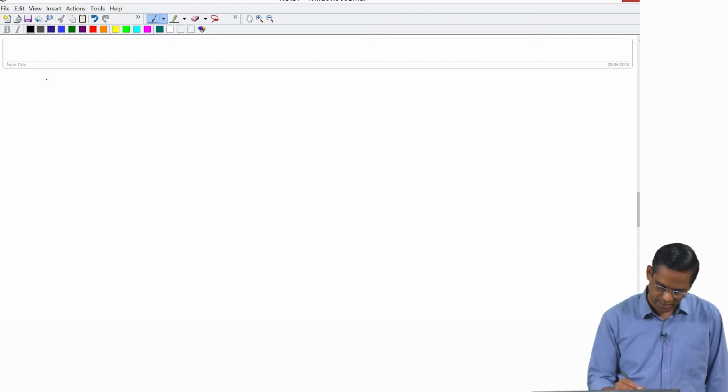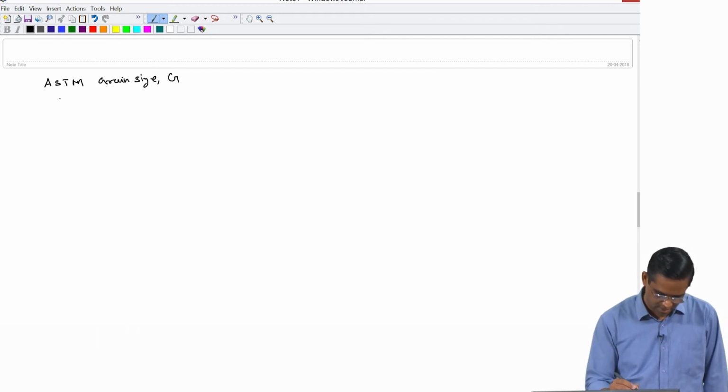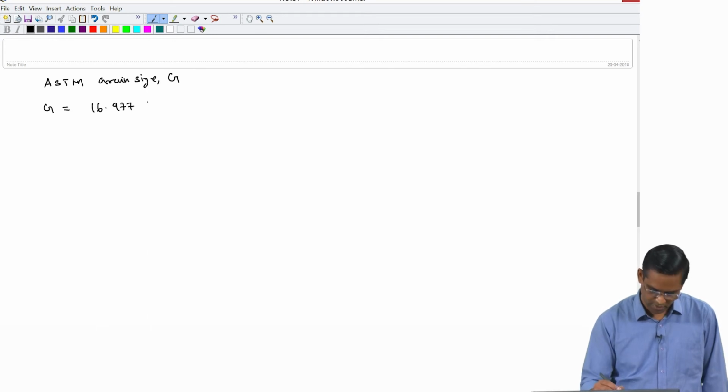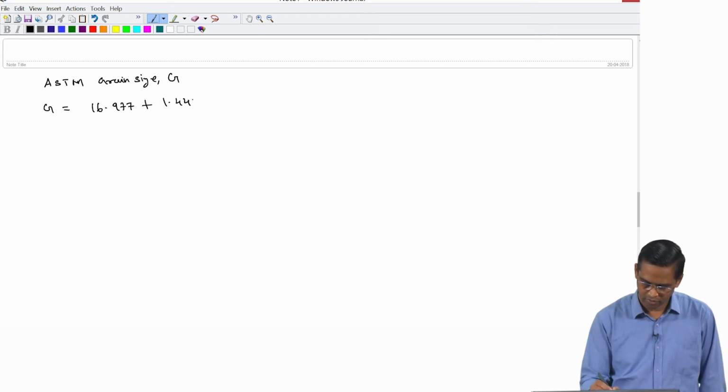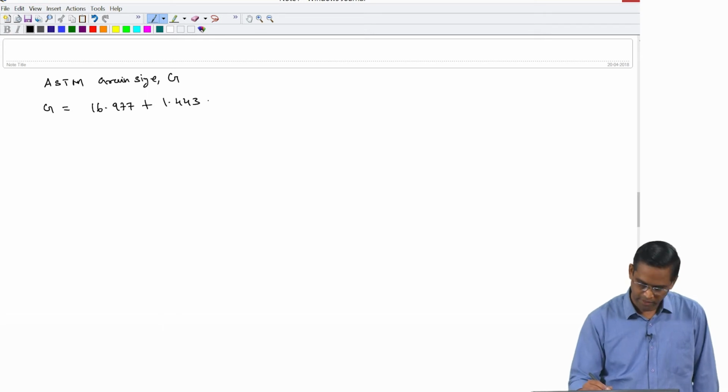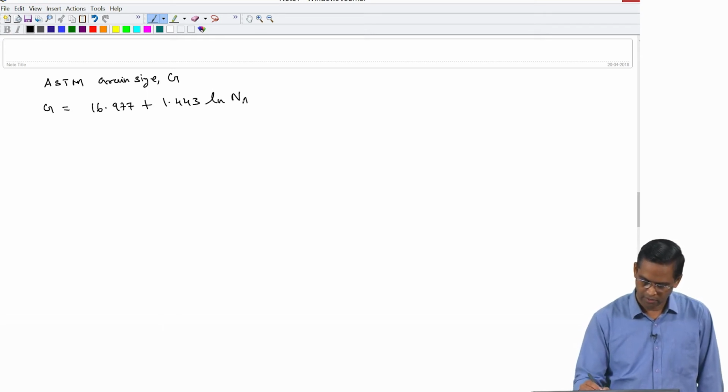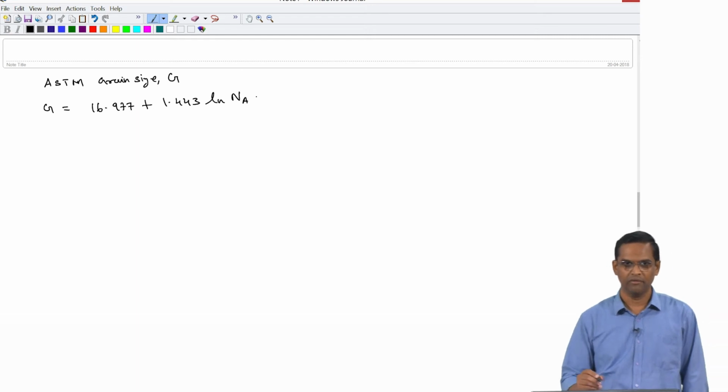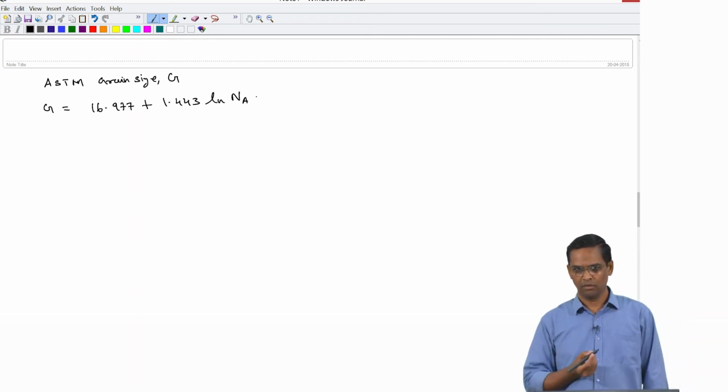As I said, that ASTM grain size number or ASTM grain size G, the expression we got is G is equal to 16.977 plus 1.443 into ln Na. So, this is expression when you take the micrometer scale.